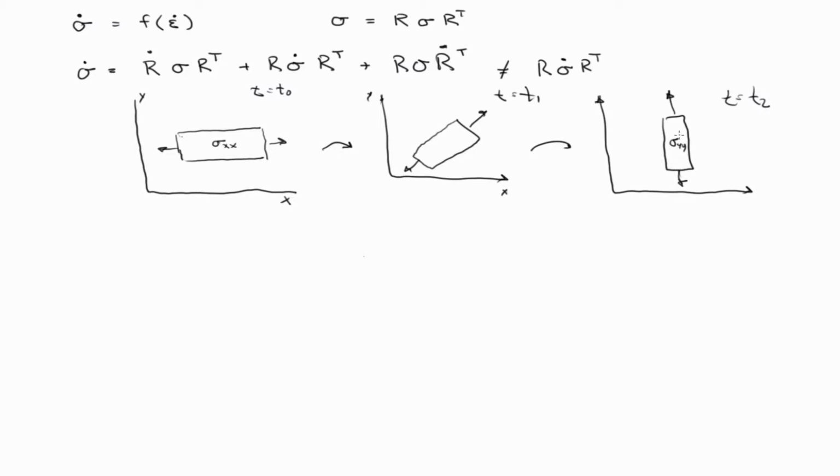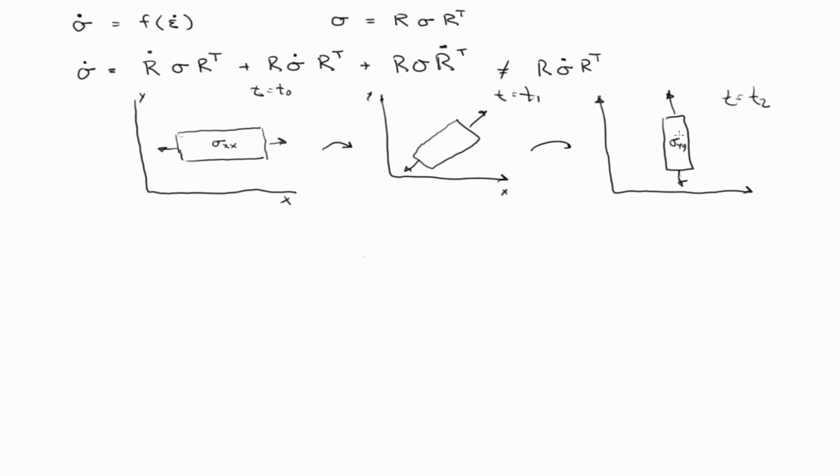So I strained it, and then I just rotated it. Well, clearly the stress is changing via the rigid rotation. So the Cauchy stress is not objective in that sense.